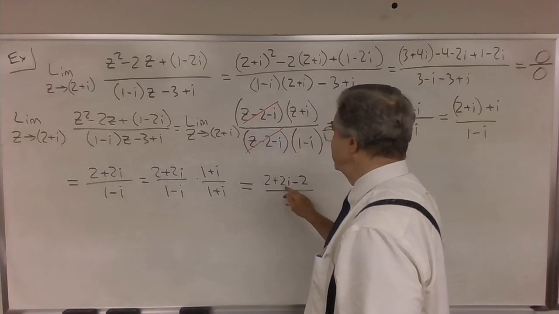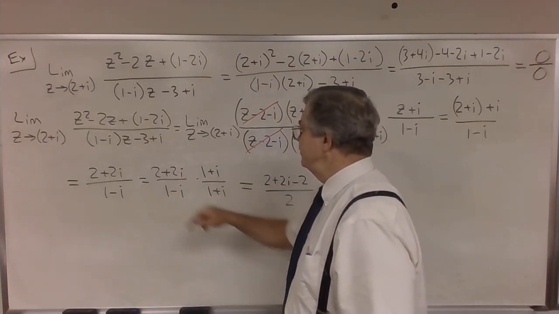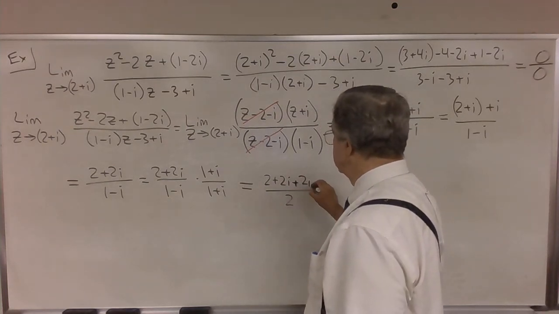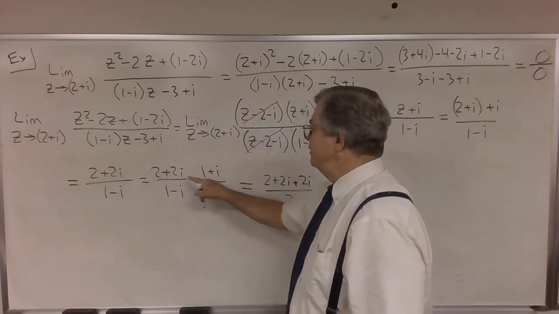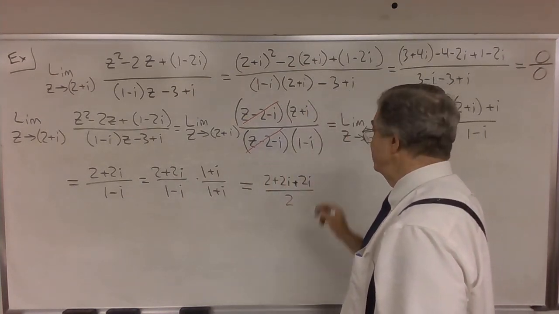Plus 2i. i times 2 is plus 2i again. i times 2i is negative 2.